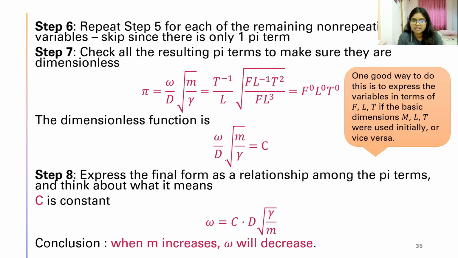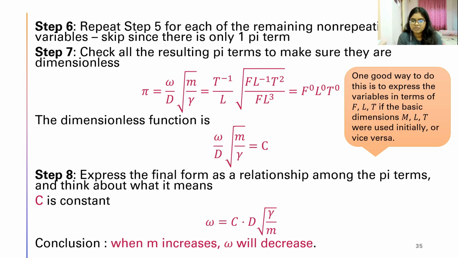The dimensionless function is omega divided by diameter, square root of mass divided by specific weight, which is equal to constant C. And the last step is to express the final form as a relationship among the pi terms and then think about what it means. Since C is our constant, we make omega the subject because it is stated in the question that omega will be our function.